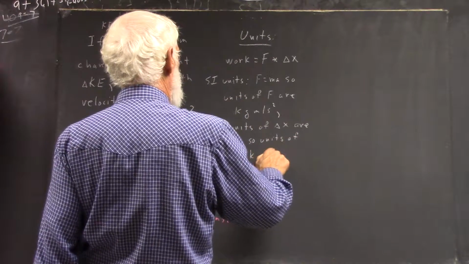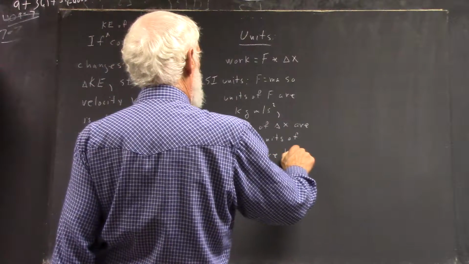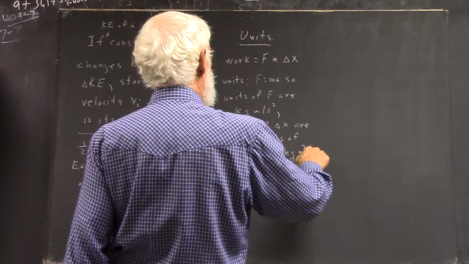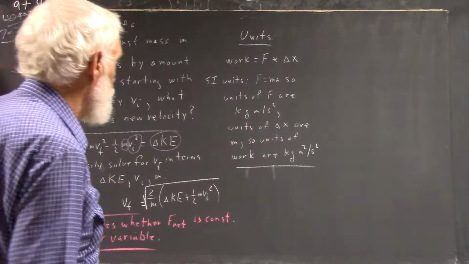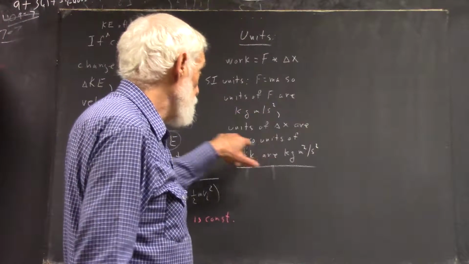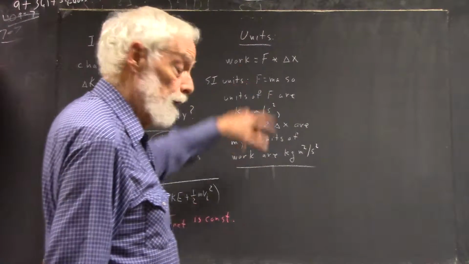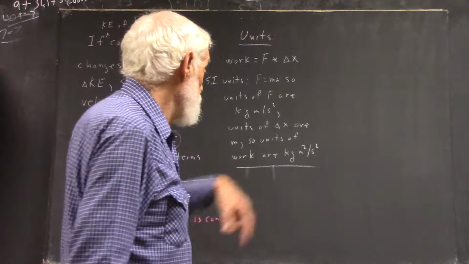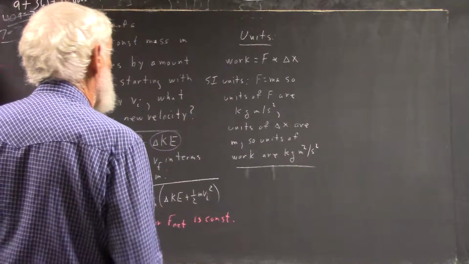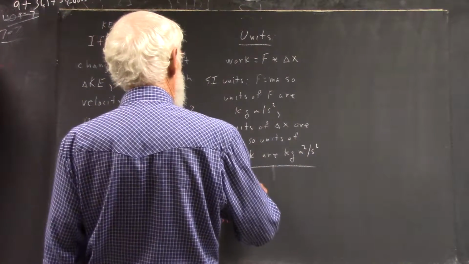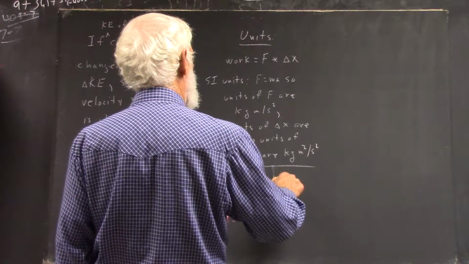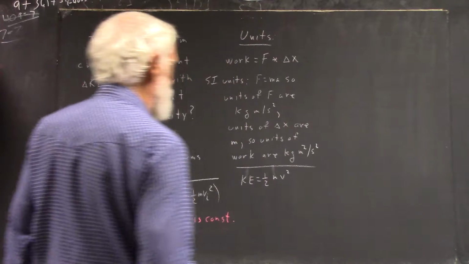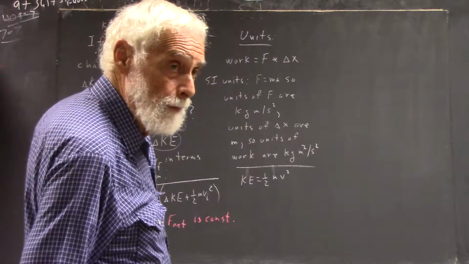So units of work are kilogram meters squared per second squared. Okay, so when you multiply kilogram meters per second squared by meters, which we have to do, of course, we get a meter squared. Now, kinetic energy is 1/2 m v squared.